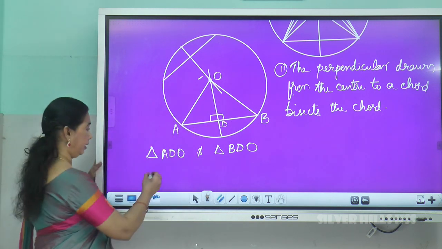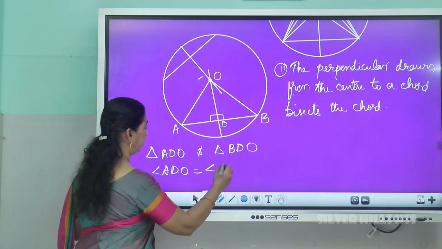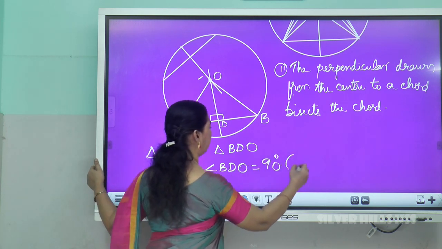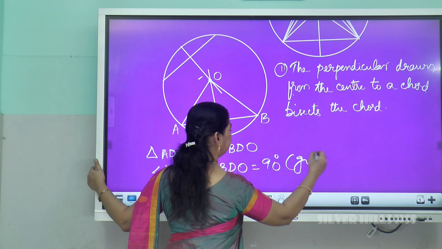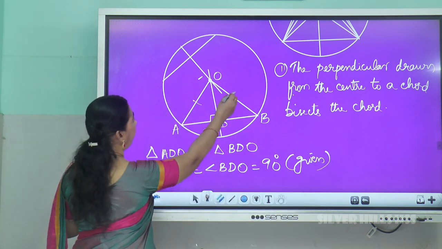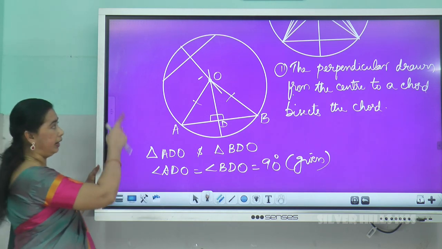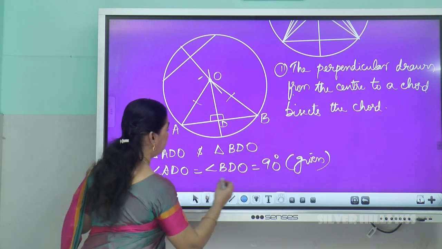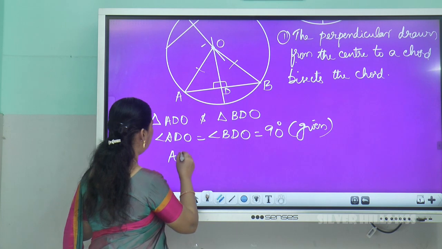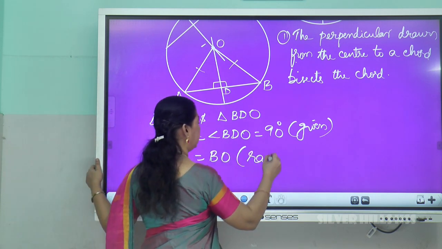There we can see angle ADO is equal to angle BDO is equal to 90 degrees, that is already given. Then what about AO and BO? Both are radii. AO is the radius, BO is the radius. So we can write AO is equal to BO, radii of the circle.